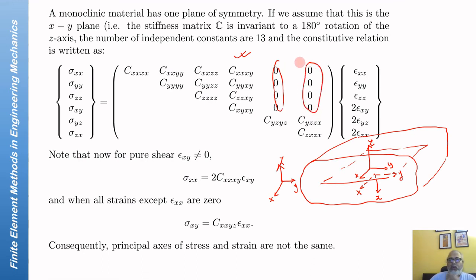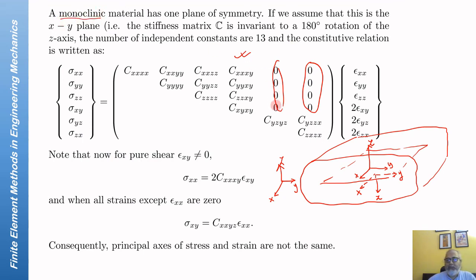Now, when this is the case, again, you have to remember the ordering that we have done. The location of these zeros can be here or here depending on the ordering. And for our ordering, this is the form of the stiffness matrix for a material which is called monoclinic and which has only one plane of symmetry.